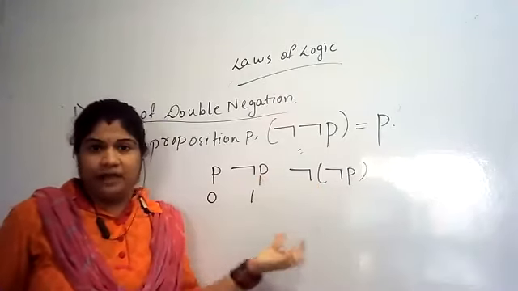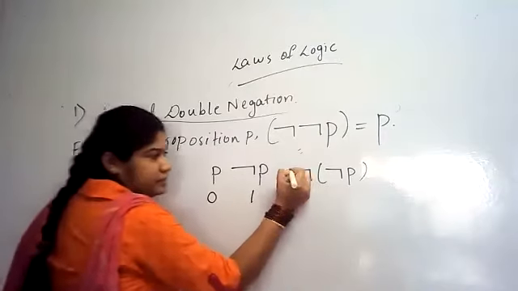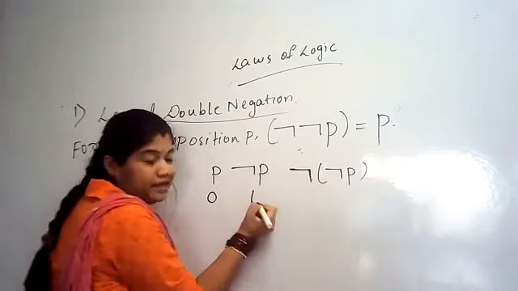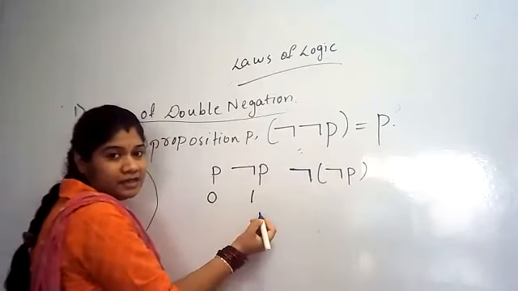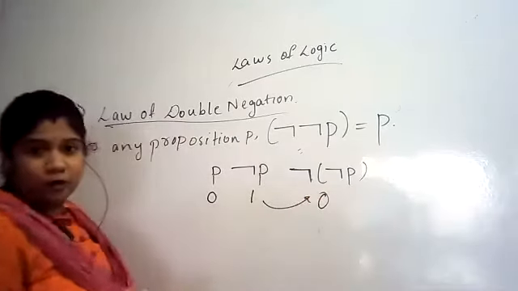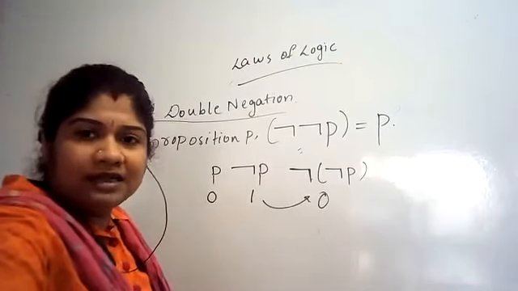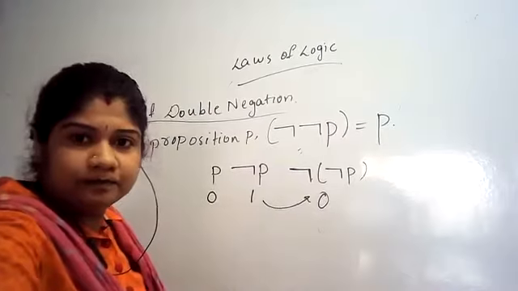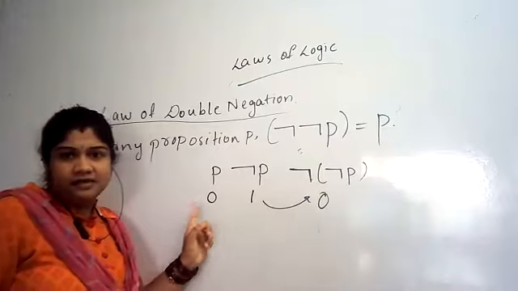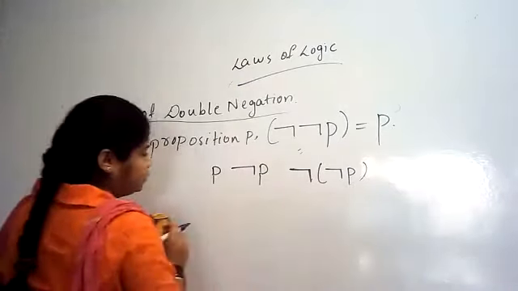Negation P is 1, so its negation will be 0. Are P and double negation P both the same? Yes, 0 and 0.